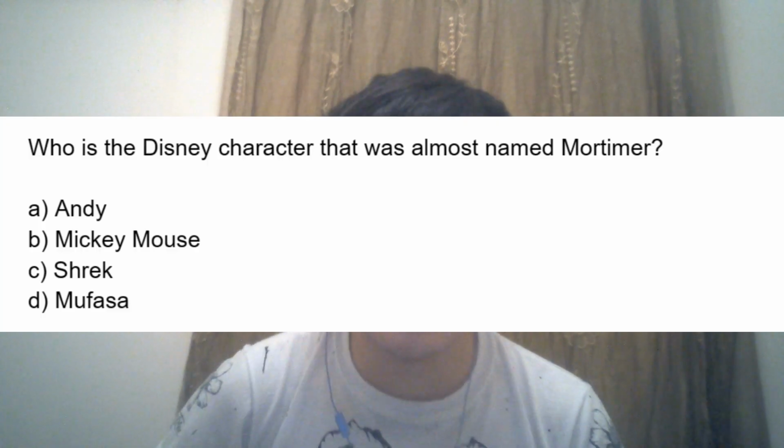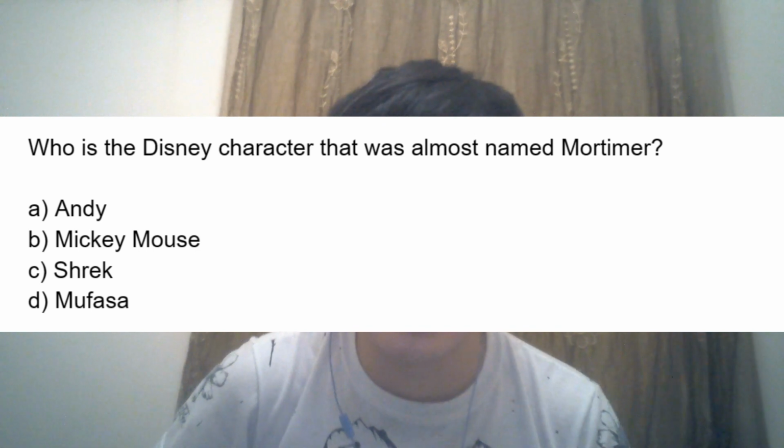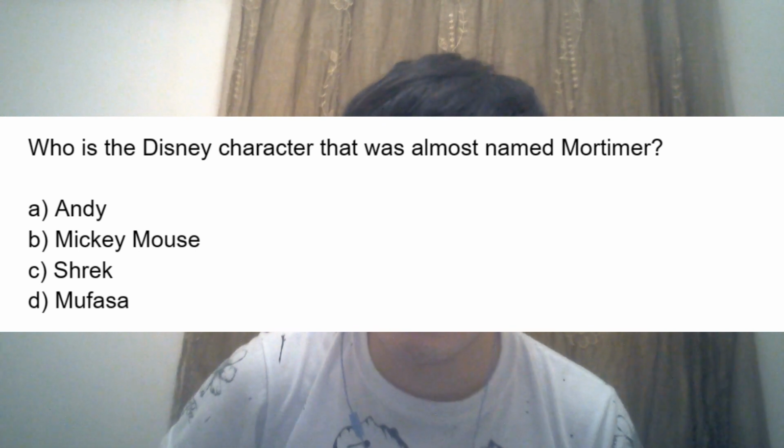What I did for questions that I don't know the answer to is that I took an educated guess. I eliminated some answers, like crossing out answers that don't make any sense. For example, this is not an NMAT question, this is just to show you how I did things. The question reads, who is the Disney character that was almost named Mortimer?